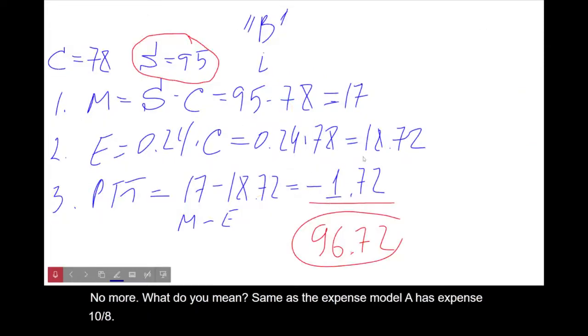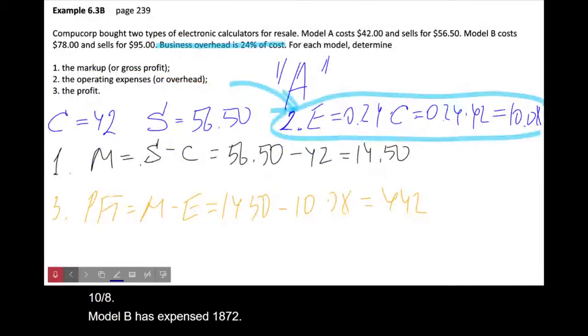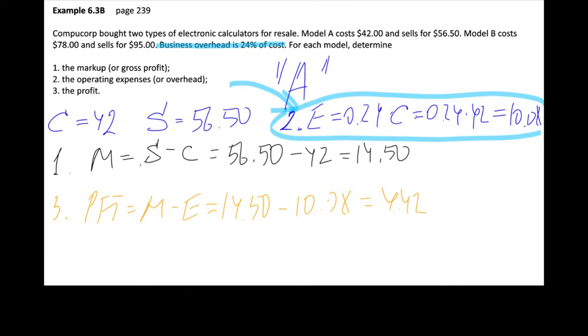Model B has expense 1872. I thought I was just writing down the E, like how we write down cost and price, and then we figure out the rest with the equations. I thought E was also one of those given values, but it's actually an equation. My bad. Okay, so let's continue then.